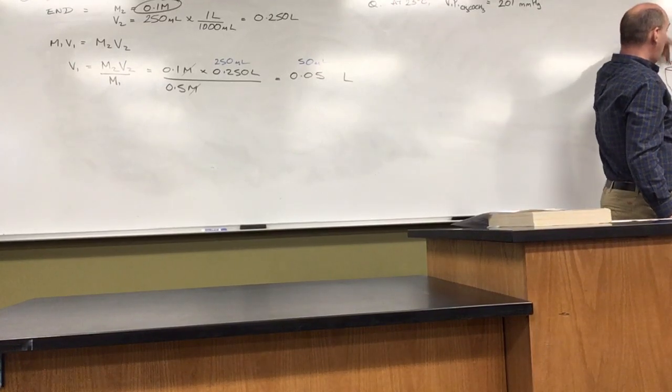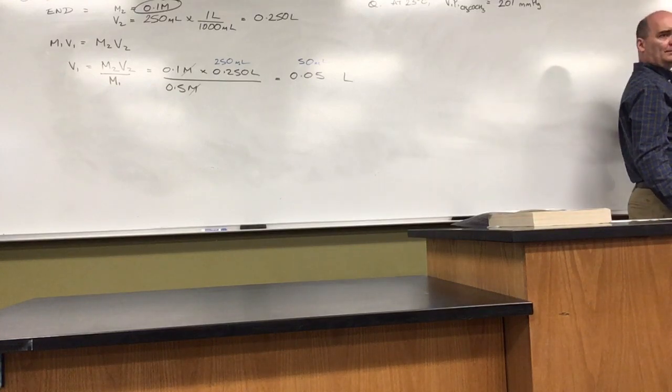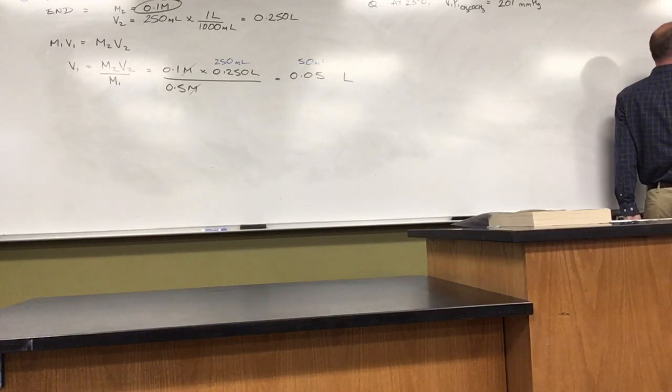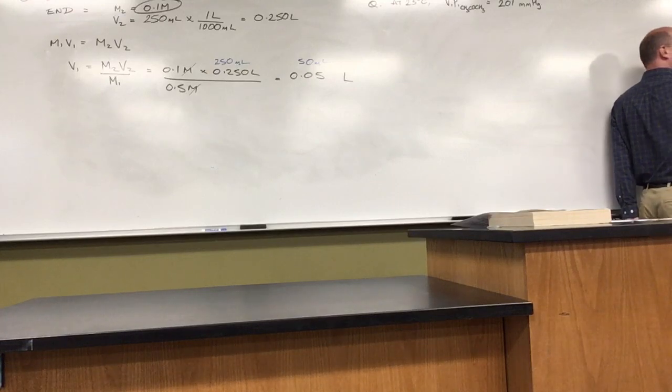The harder the gas presses, the further the mercury moves up the tube. And this is literally millimeters of mercury. The higher this goes up, the higher the pressure is there.